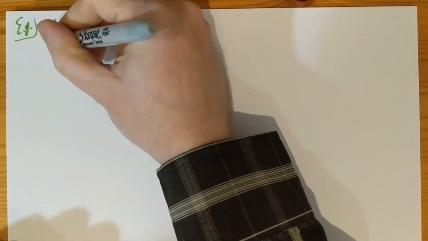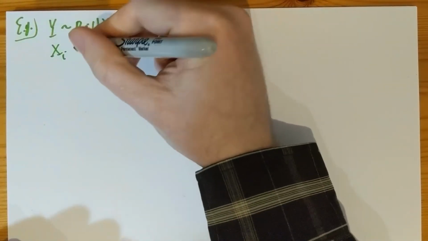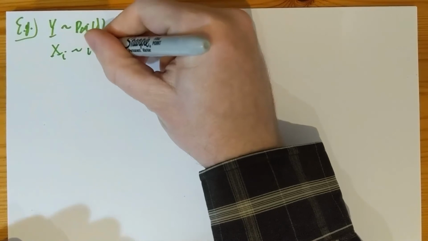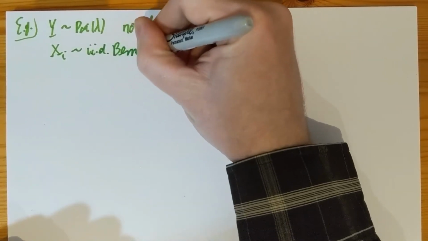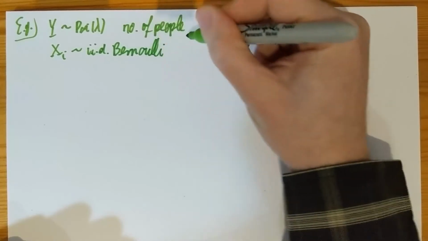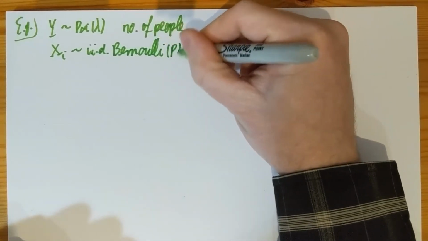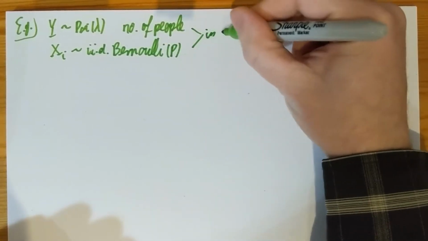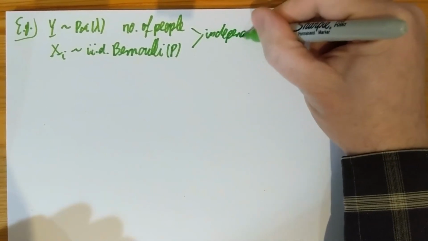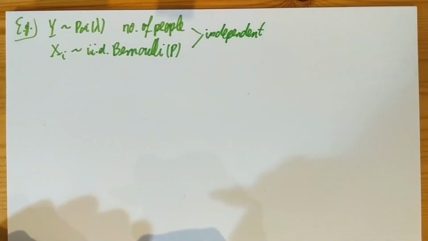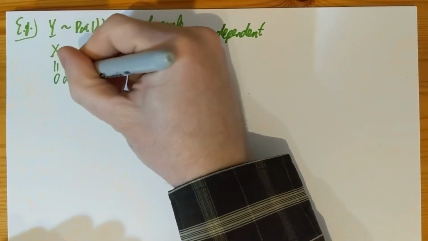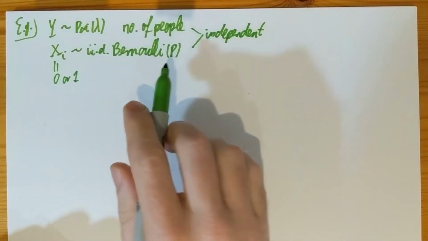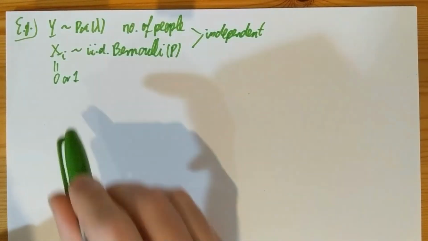And then let's assume that xi is going to be IID Bernoulli of some parameter p, and moreover these two are independent. And if I want to continue the story, Bernoulli means that it's 0 or 1, right? 0 with probability 1 minus p and 1 with probability p.